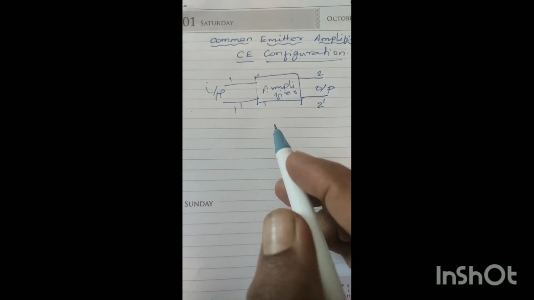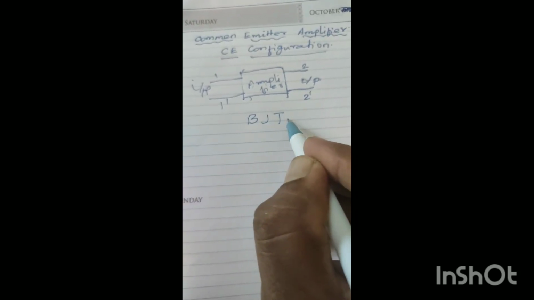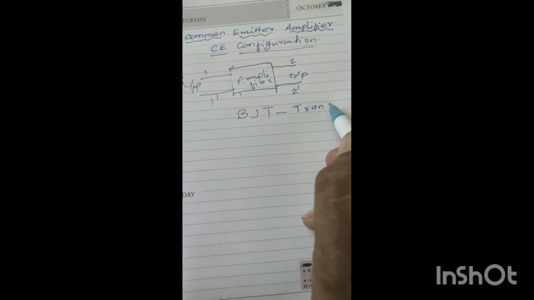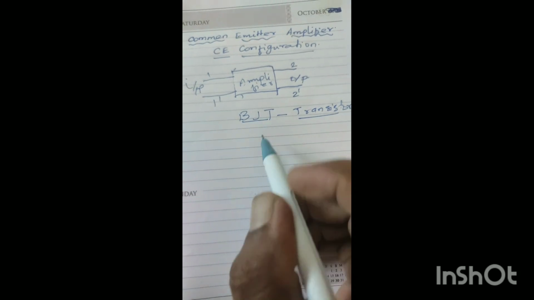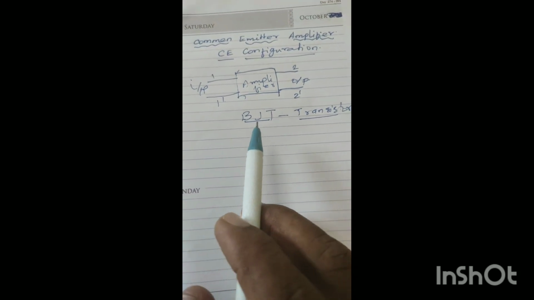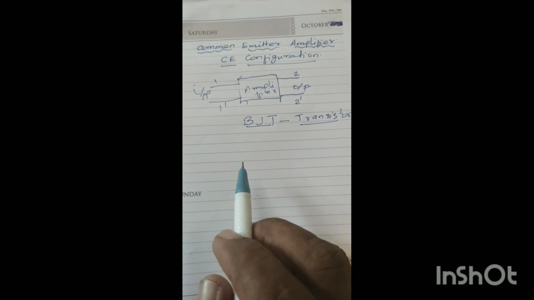So the basic electronics component which will act as the amplifier is nothing but BJT, that is bipolar junction transistor. So the bipolar junction transistor is the basic electronics device which is used as the amplifier.